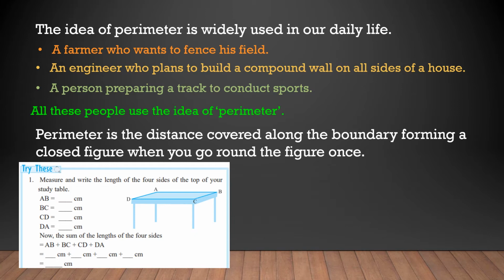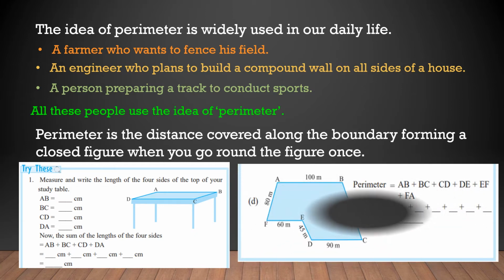Let us do one more question. Find the perimeter of this adjoining figure. Now its measures are already given, you just want to find out its perimeter. You know that perimeter is equal to the length of its boundary. Here the boundaries are already named as AB, BC, CD, DE, EF and AF.